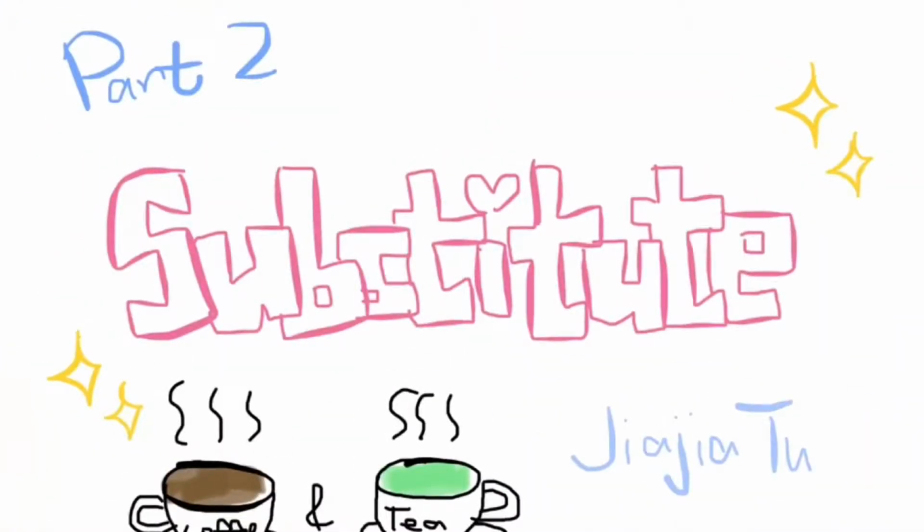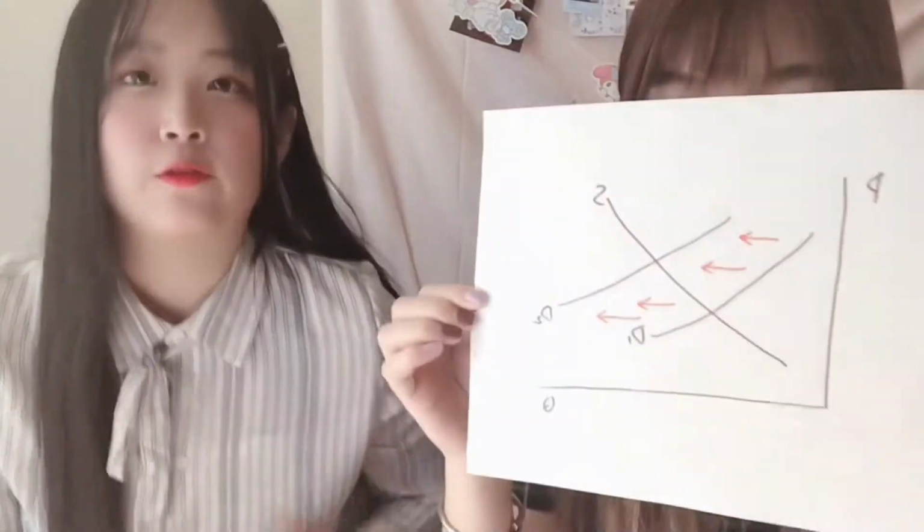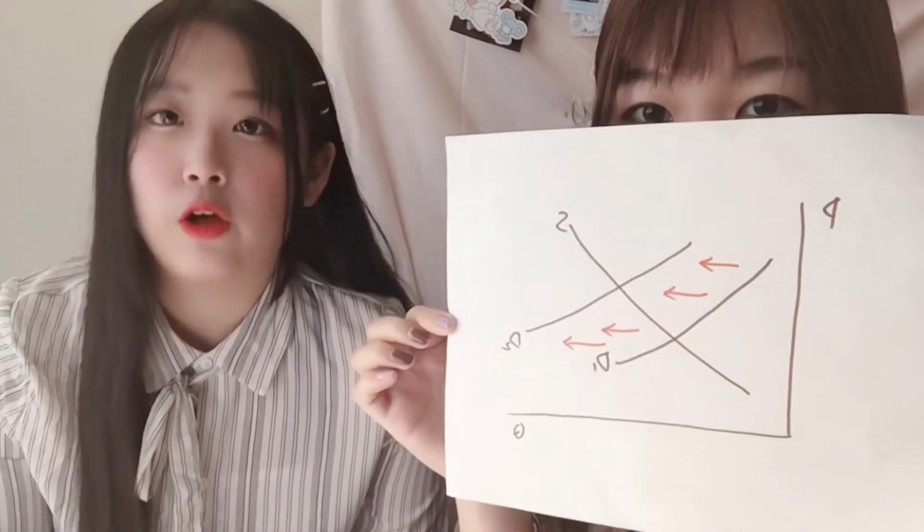So next I'm going to talk about how substitutes and complements affect the demand curve, like the shifting of the demand curve. First, I have an example of coffee and tea.